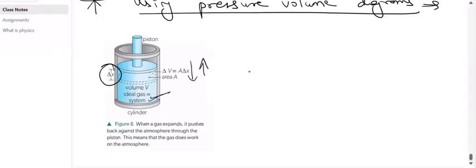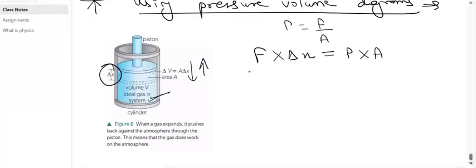So the work done by the gas on the surrounding during the expansion will be equal to the force of the piston, which is nothing but pressure into A. If I apply the force for a distance of delta x, it will be pressure into A, from the formula pressure equals force over area.